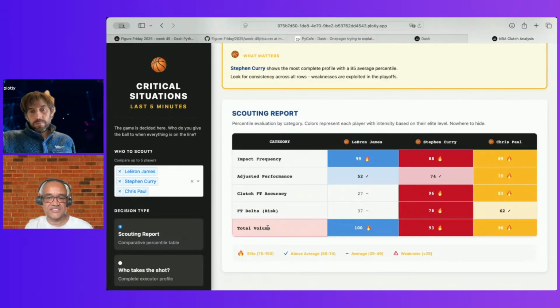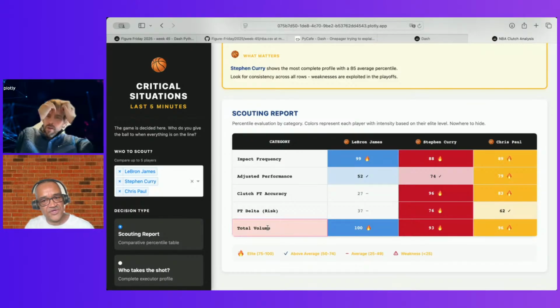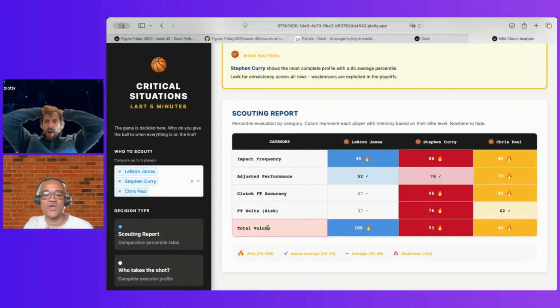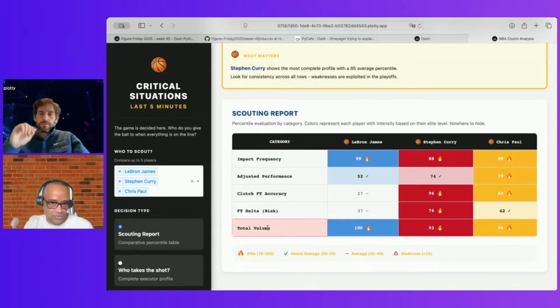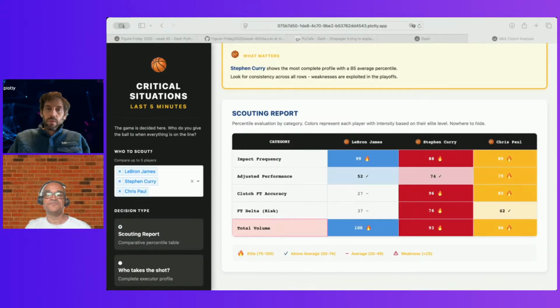I made statistics based on rank percentile, and then a classification to select what is the lead based on the numbers, what is above average, and weakness.